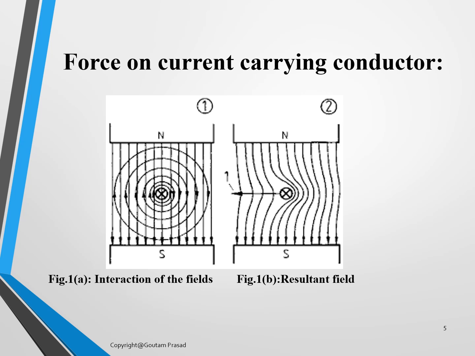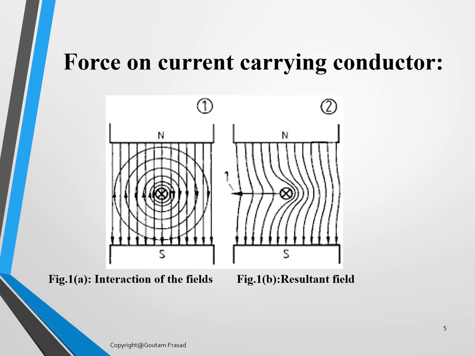Now let's discuss the force on the current carrying conductor. There is a conductor placed in the magnetic field between two permanent magnets, north and south pole. As soon as the current starts flowing through the conductor, it produces its own magnetic field, which has been shown by equidistant concentric circles with the conductor at the center.